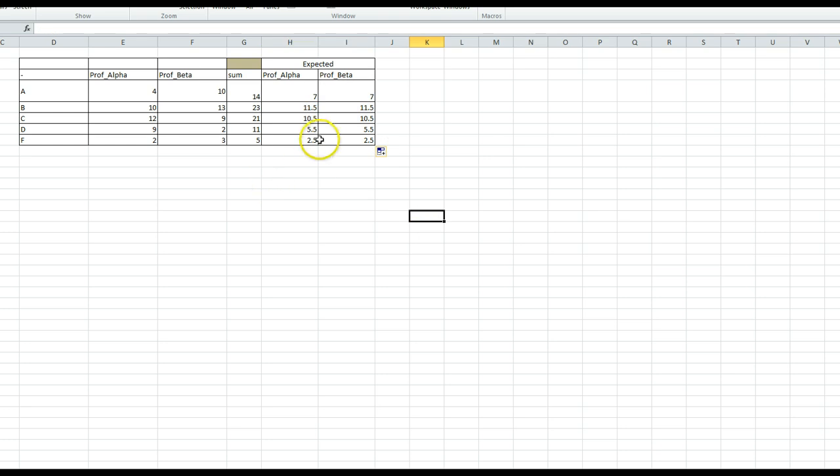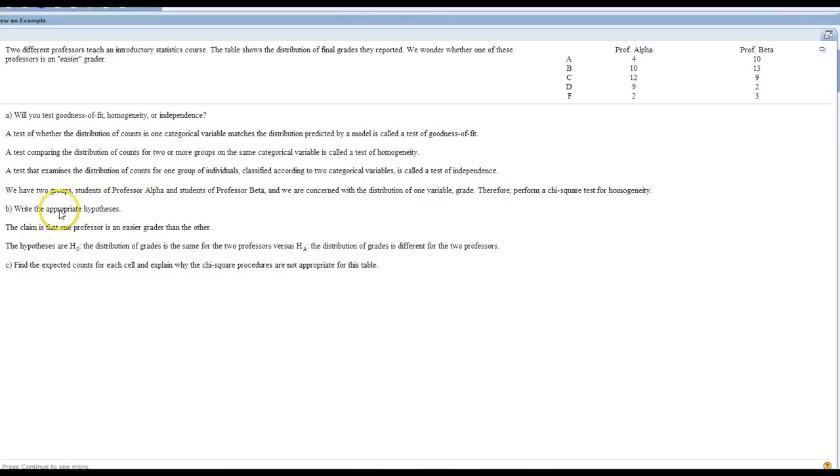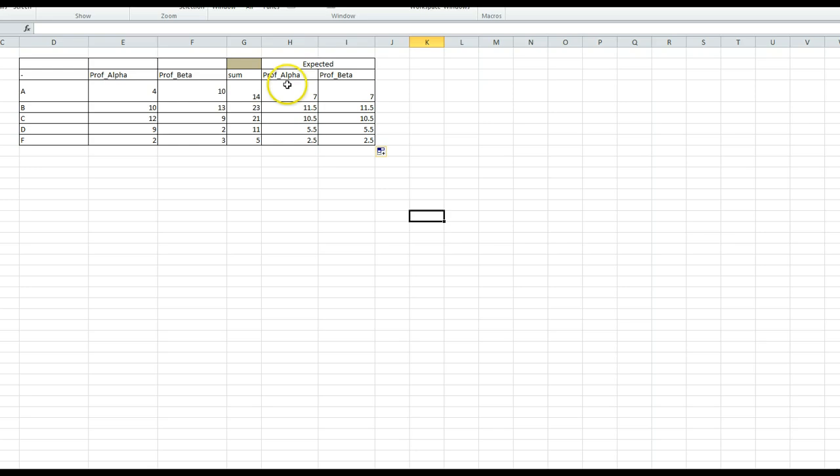So what we're saying is if the expectation is correct, in that our null hypothesis that the distribution of grades is the same, it would mean therefore that of the 14 students getting A's, we would have half from Professor Alpha and half from Professor Beta, and the same for the rest.